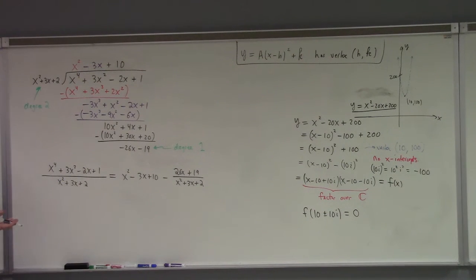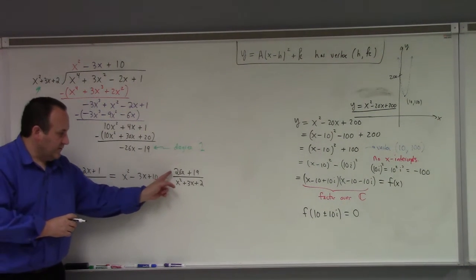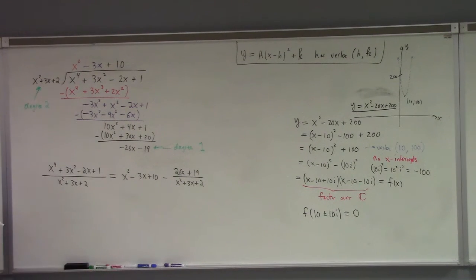I pulled the minus out. That's what this long division tells us. This is how we can rewrite this quartic over this quadratic as a quadratic plus a proper rational function where we have degree 1 over degree 2. You can also take this equation at the end and multiply it by the denominator. What does that show you?